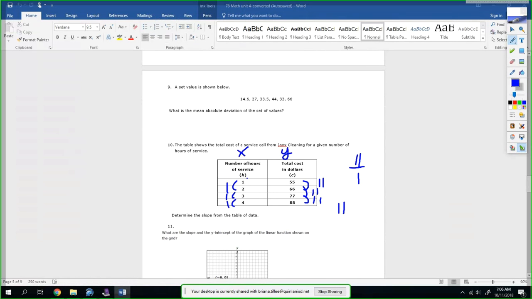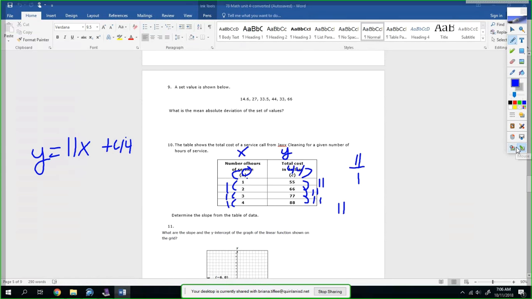If I would actually write this as an equation, my equation would say y is equal to 11x. And I had to figure out where x is 0. So I subtract 1 to 0, subtract 11 here and get 44. This would be plus 44.